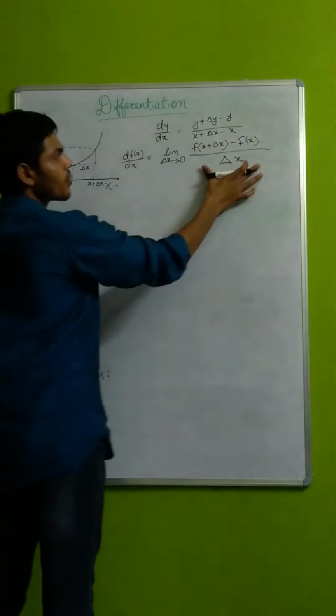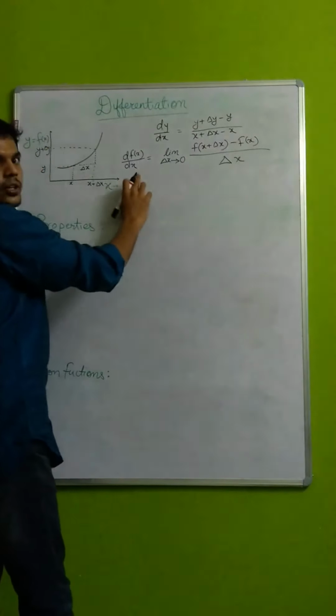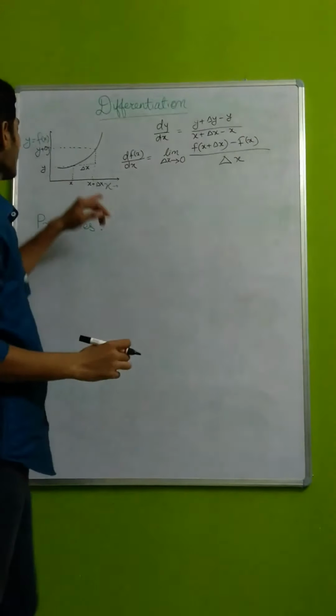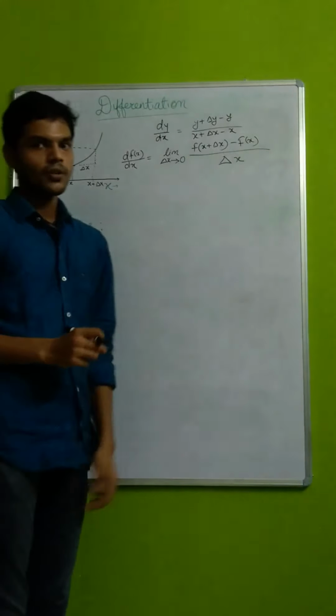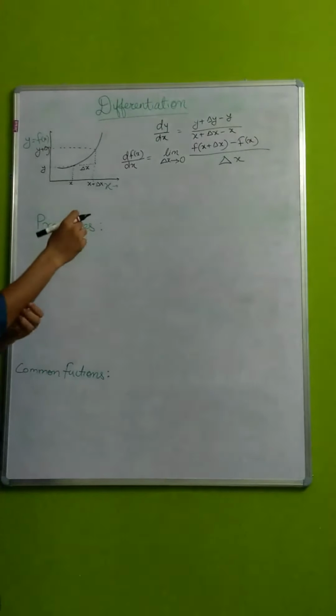So this is the representation of differentiation of f of x with respect to x. So this is the basic definition of differentiation. काफी सिंपल है ना. इसकी कुछ प्रॉपर्टीज है.